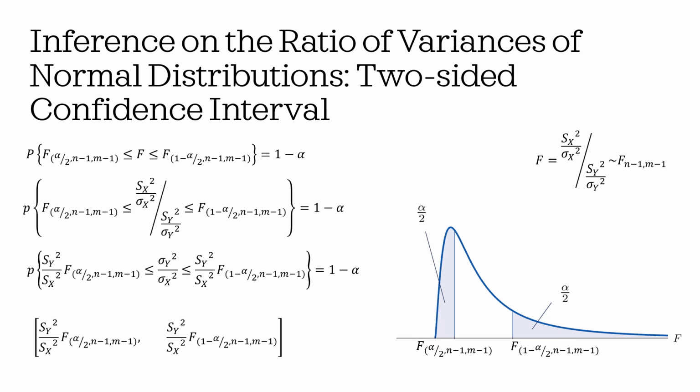This will give us a 2-sided confidence interval on the ratio of the population variances, which starts from s square of y over s square of x times f value of alpha over 2 with n-1 and m-1 degrees of freedom to s square of y over s square of x times f value of 1 minus alpha over 2 with n-1 and m-1 degrees of freedom.